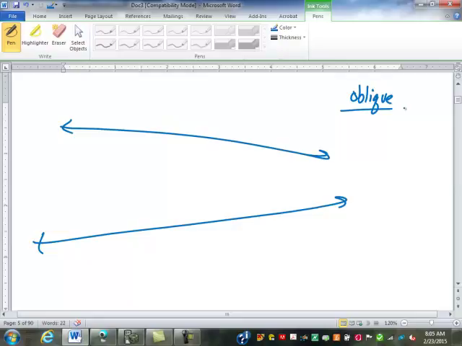In fact, perpendicular is a little bit stronger than a right angle. It means it forms a right angle in every possible direction that you can measure. In this case, it's neither one, so everything else is classified as oblique. If I take these two lines and I cut them with another line, that third line is called a transversal.